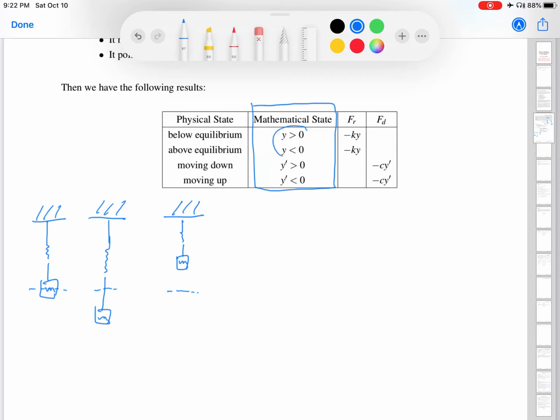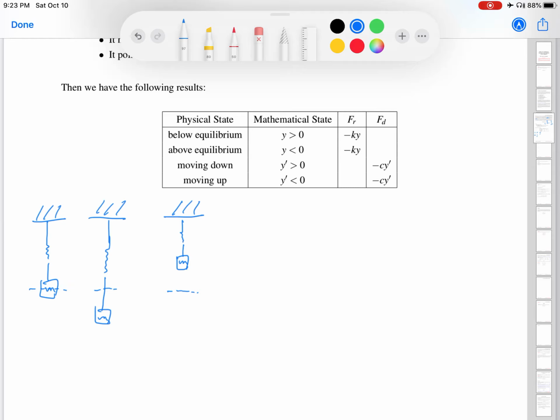Some information about the y, the position of the mass, some information about how fast it's moving. And then given that information, we know what the restoring force, magnitude and direction, and what damping force, magnitude and direction are. So we should be able to deduce from its mathematical state and the form of these forces what the actual terms of the force are. So that's what I'm going to do here.